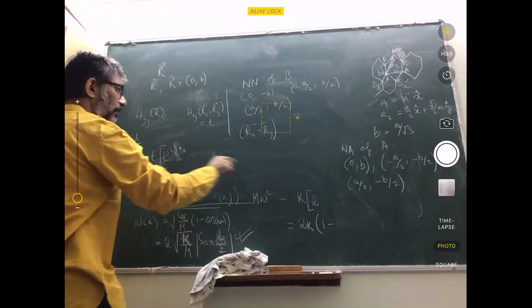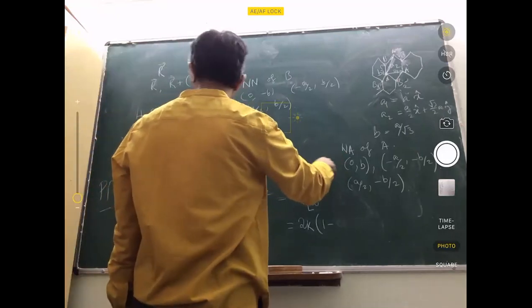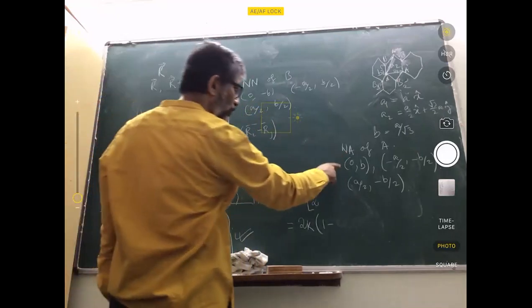So for example, if i is on A, I have to look at the B nearest neighbors.